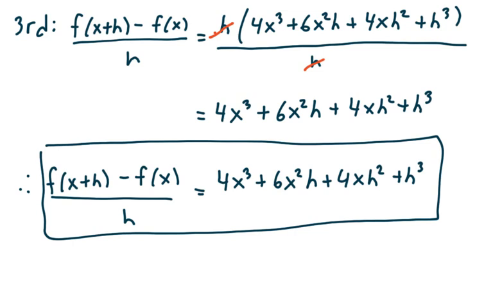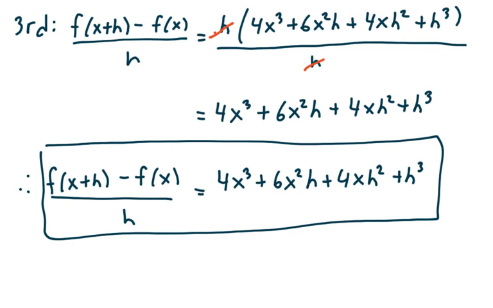And what I have left is 4x cubed plus 6x squared h plus 4xh squared plus h cubed. I am done. So f of x plus h minus f of x, all divided by h, is equal to 4x cubed plus 6x squared h plus 4xh squared plus h cubed.